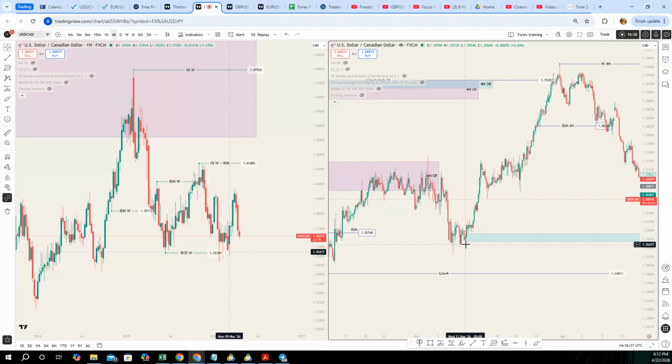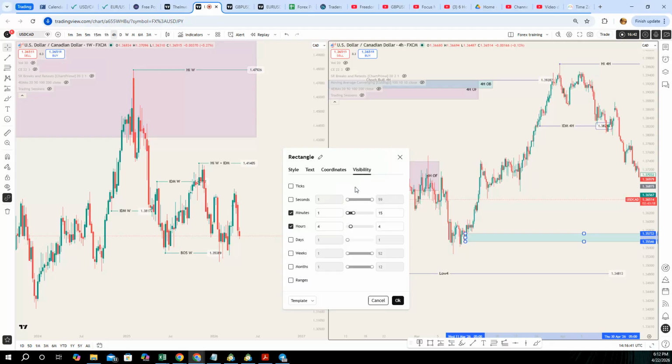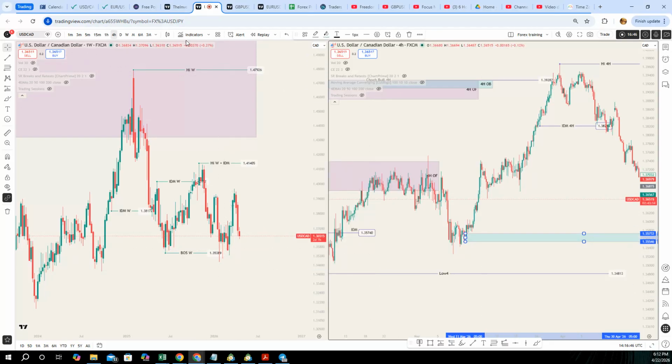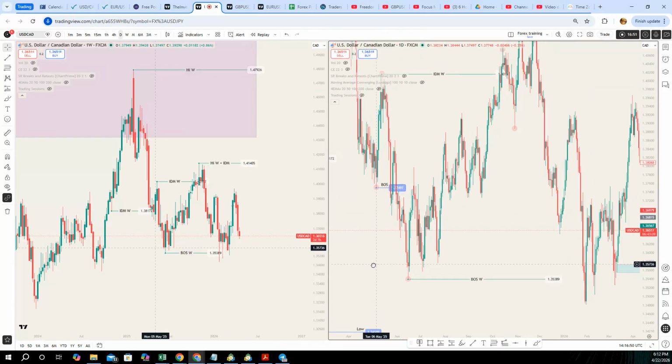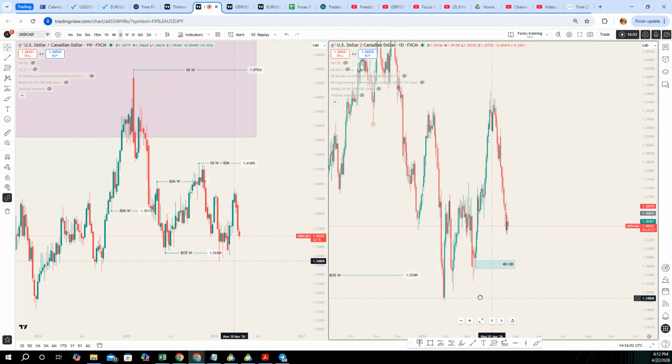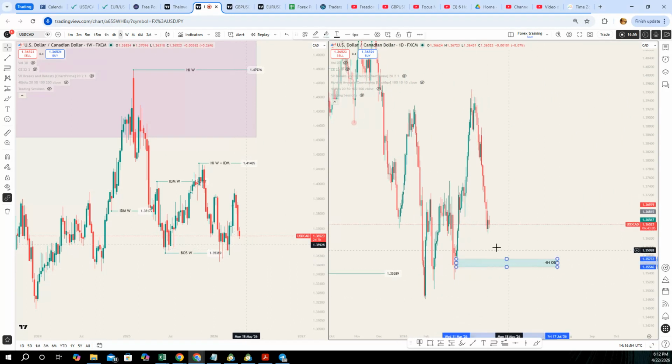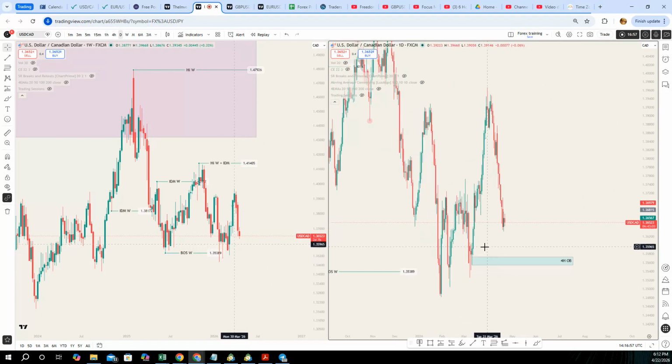Now we can check how that looks on the daily, if we can actually have a better one. Yes, actually it's a bigger order block here.